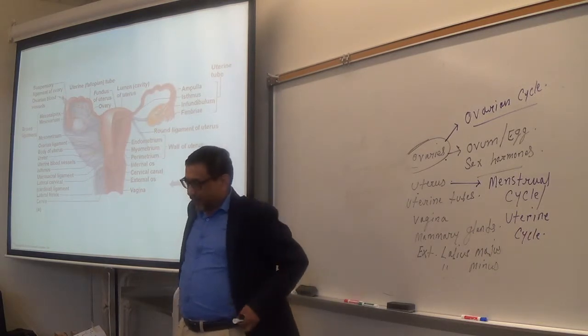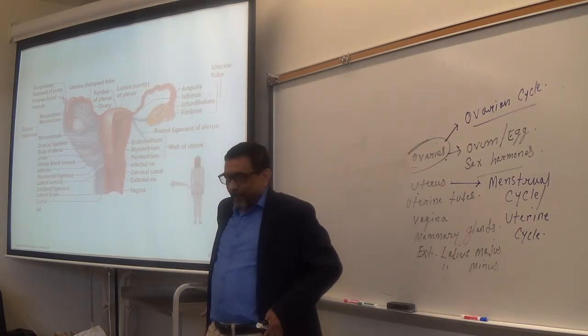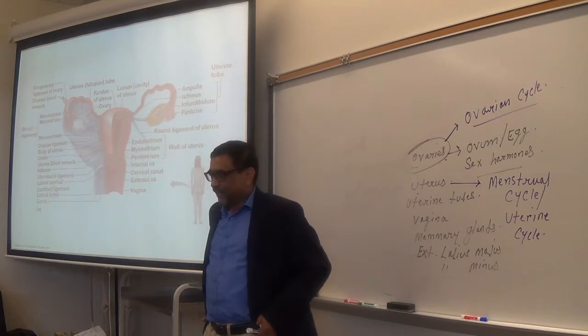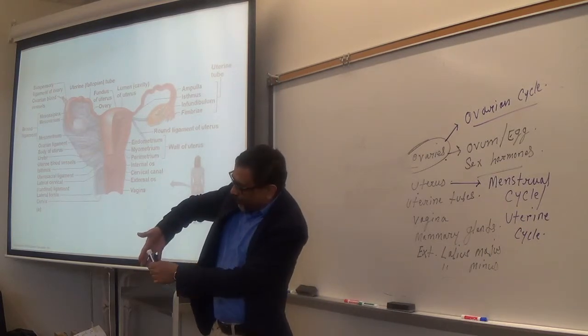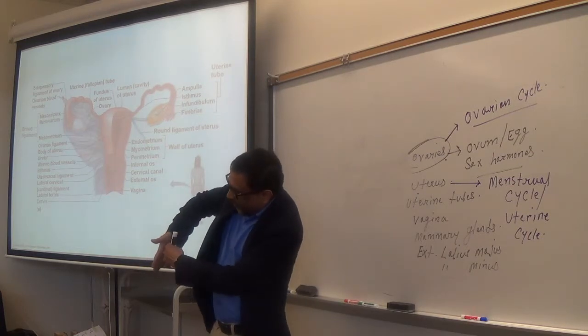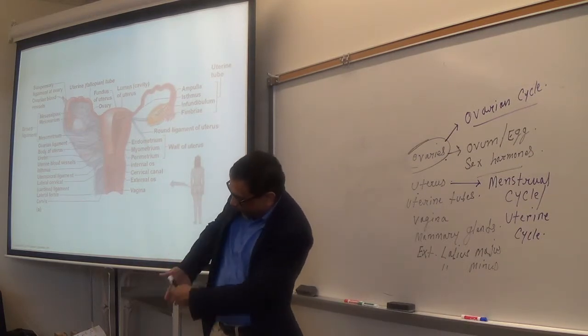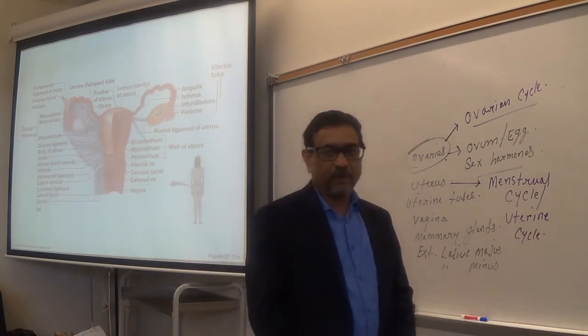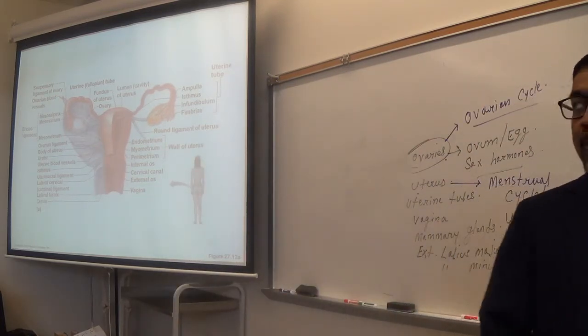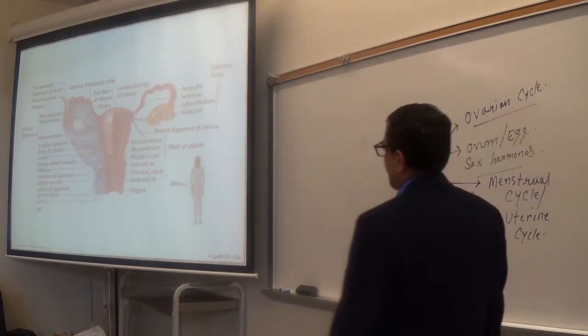Now you see, these are pelvic bones, right? You know that. So from the ovary to the pelvic bone, the pelvic wall. So suspensory ligaments, you have two, right? Then you have round ligaments.